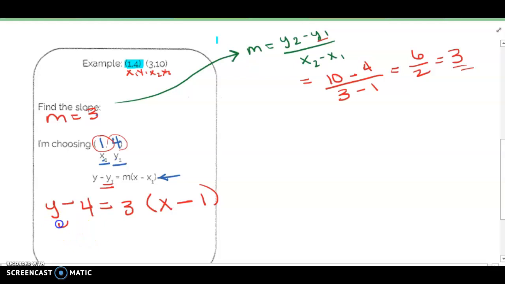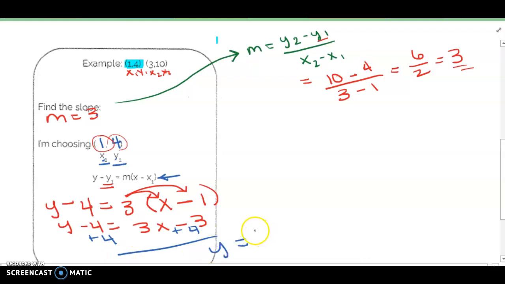Now I can just simplify it. So y minus 4 equals, guys, I have to distribute this 3 through, 3x minus 3. And then to get it in the right form, I can add 4 to both sides. I get y equals 3x plus 1.